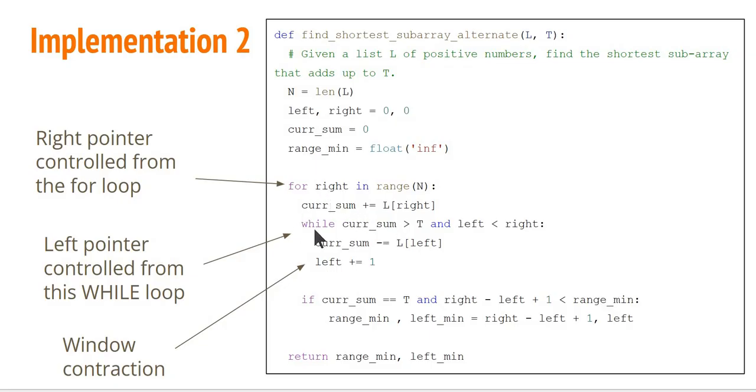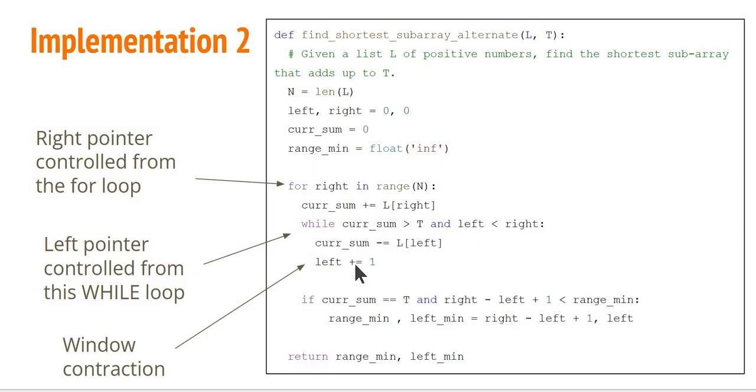Now, once again, let's see this carefully. Basically, while current sum is greater than t and left is less than right, the way to understand when I will exit this loop is: I'll exit when current sum becomes less than or equal to t, or my left becomes equal to right. In both these cases, I'll exit the loop, and I'll go back to where I was.